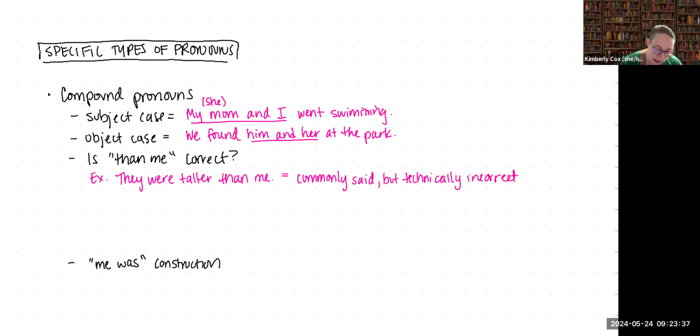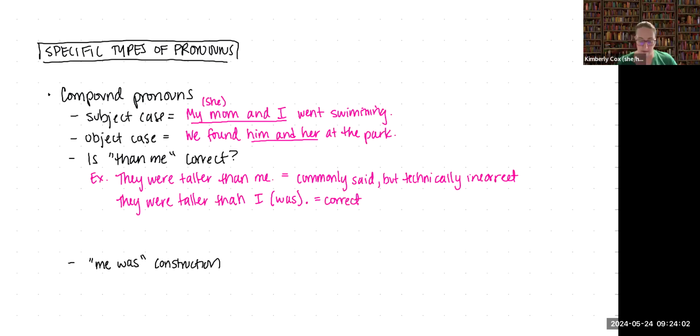What would actually be the kind of correct way of saying it is, they were taller than I (was), if we were finishing the sentence. And this is what is technically correct.